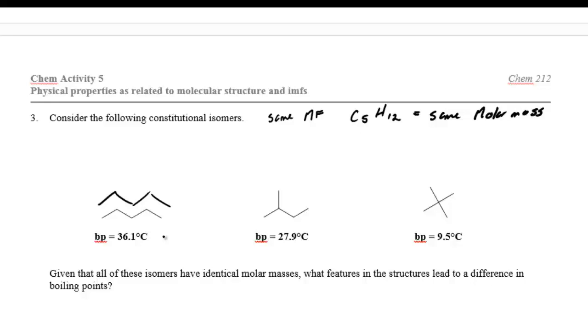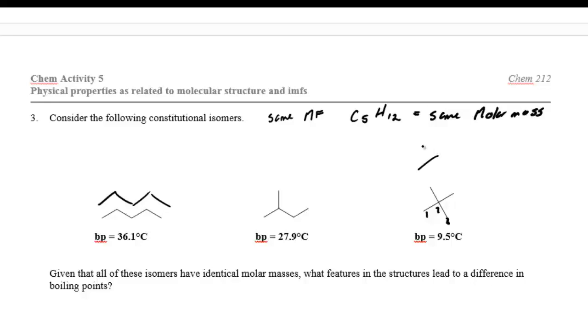By contrast, if we look at this molecule at the end here, which consists of a chain of 3 carbons, and we have 2 methyl groups on carbon number 2, so this would be 2,2-dimethylpropane. This molecule is more spherical and in a sense has less surface area.